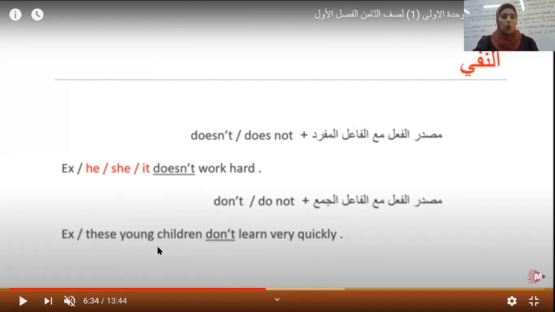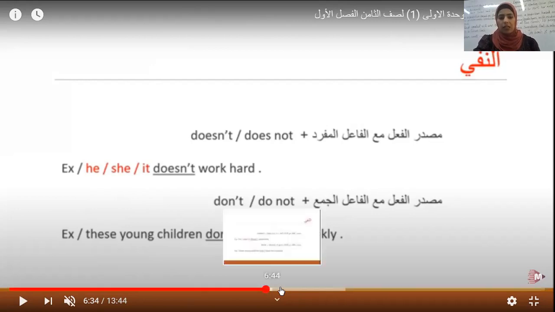They don't. We don't. I don't. So a singular subject uses doesn't and the infinitive verb: doesn't work. But when the subject is plural, to negate the sentence we use don't and the infinitive verb.